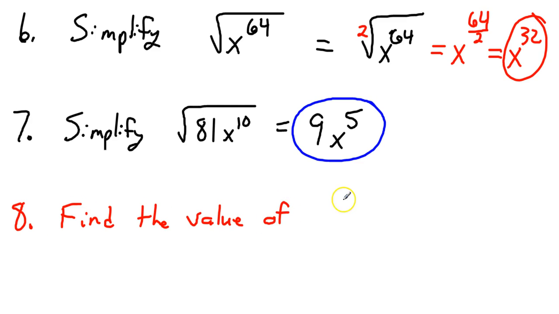Okay, and then for 8, they go from square roots to third roots. So this one's the third root of 64. Again, you have a couple of different options.